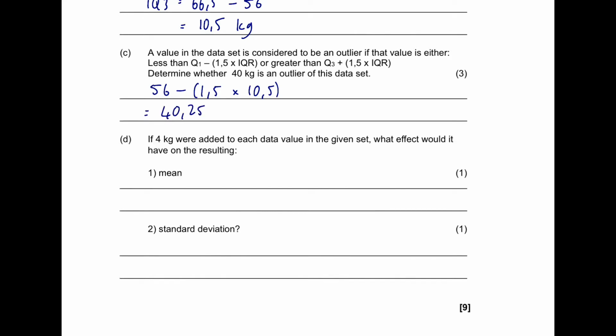So the value that we're looking for, 40, is less than quartile 1 minus 1.5 times the interquartile range, and therefore, because 40 is less than 40.25, it means that 40 kgs is an outlier.